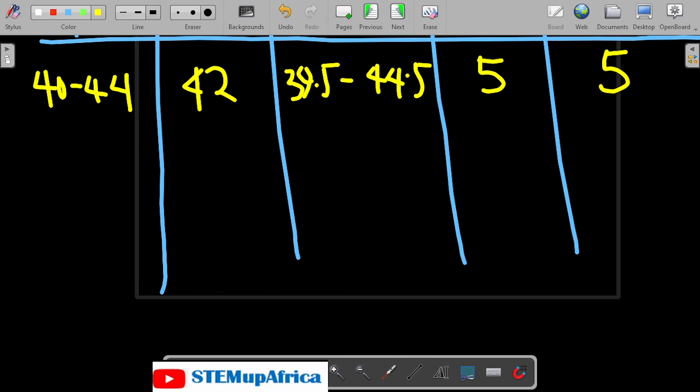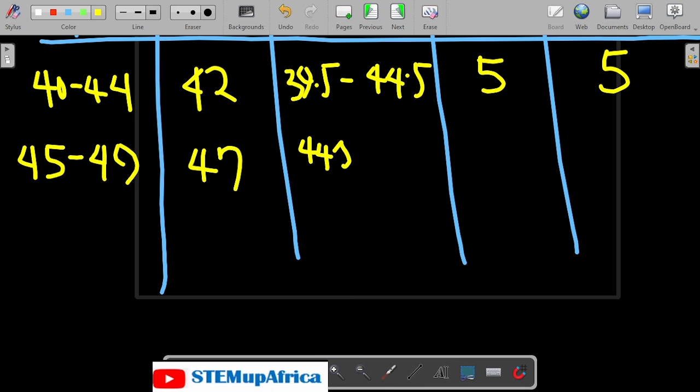Then the second class interval is 45 to 49. Class mark is 47. Class boundary is 44.5 to 49.5. Frequency is 6. Cumulative frequency is 11.